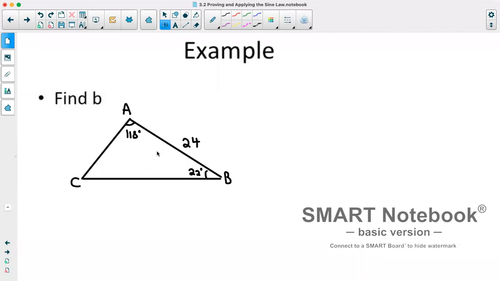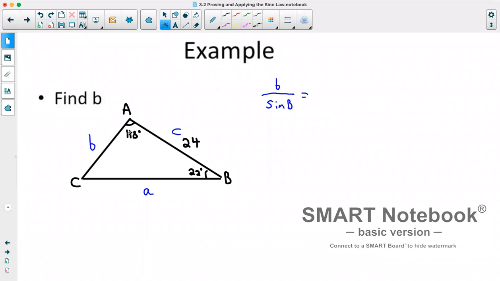Opposite capital A is lowercase a, opposite capital C is lowercase c, opposite capital B is lowercase b. So we're solving for this side here. Starting to write out our equation, we know we're solving for b, so I'll start with that. So I've got lowercase b over sine of angle B is equal to, and then we have to choose whether we're using A or C.